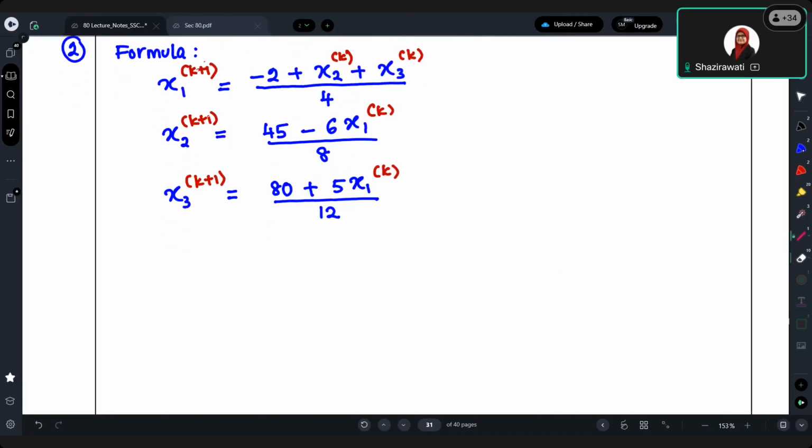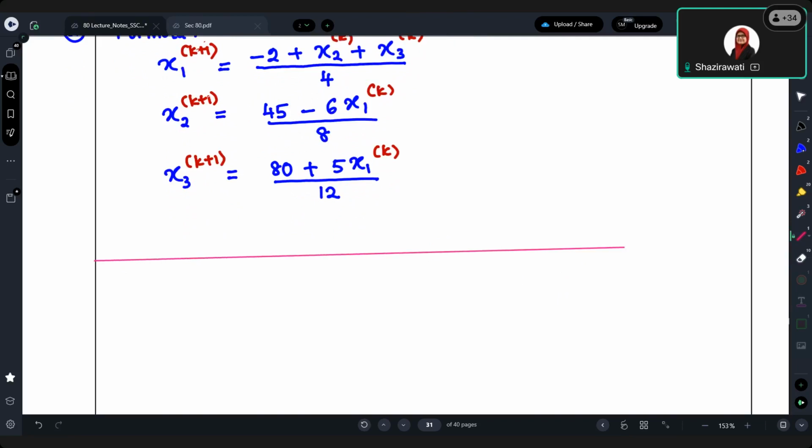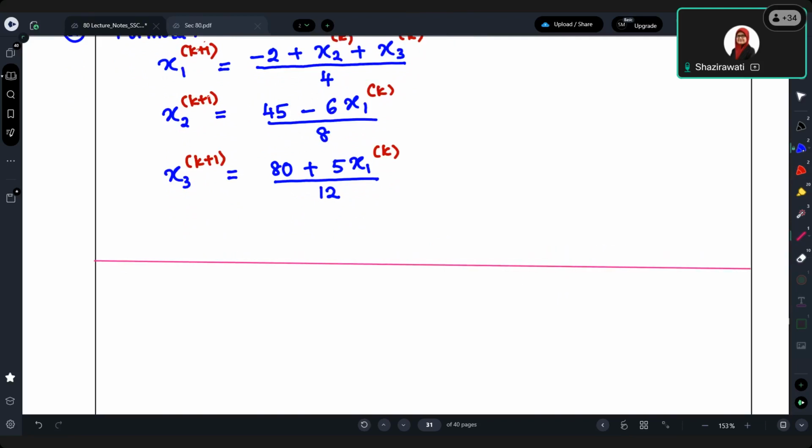Okay, now in the form of a table, we will have the iteration notation k, and then x1^(k), x2^(k), x3^(k). Then for the difference, if you look at the textbook, they put x1^(k) minus x1^(k-1). Right.